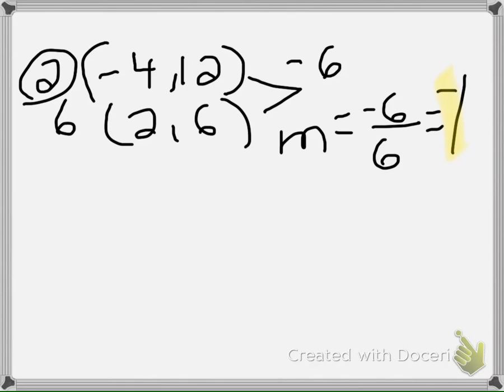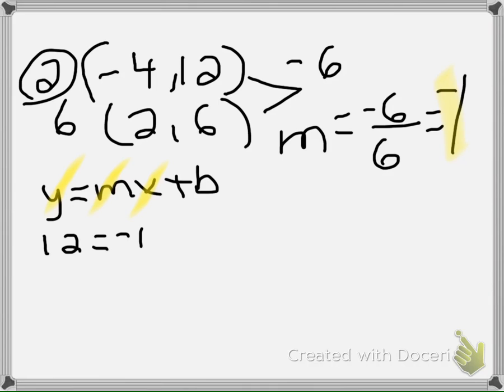Okay, now I need to substitute three things into y equals mx plus b. I'm going to substitute in the y, the m, and the x. Okay, the y I'm using is 12. I'm using the m I solved for, -1. The x that goes with the 12 is -4, plus b.